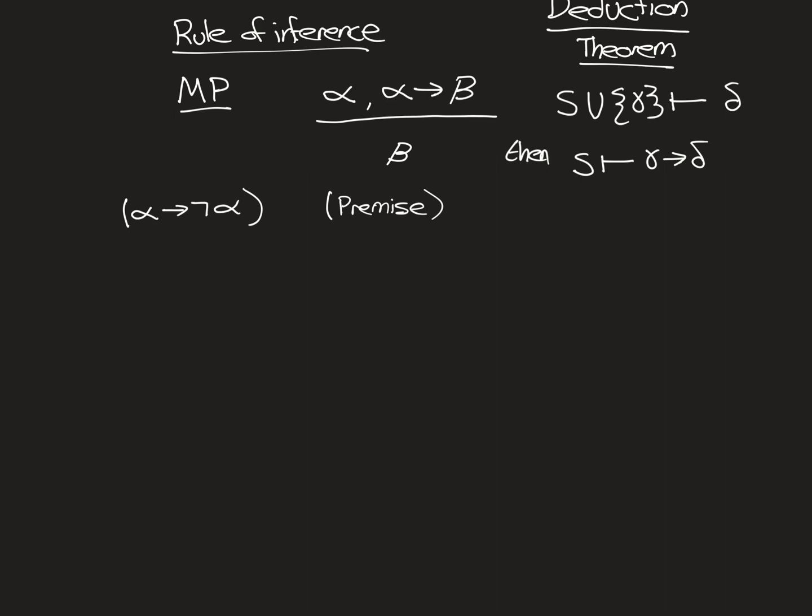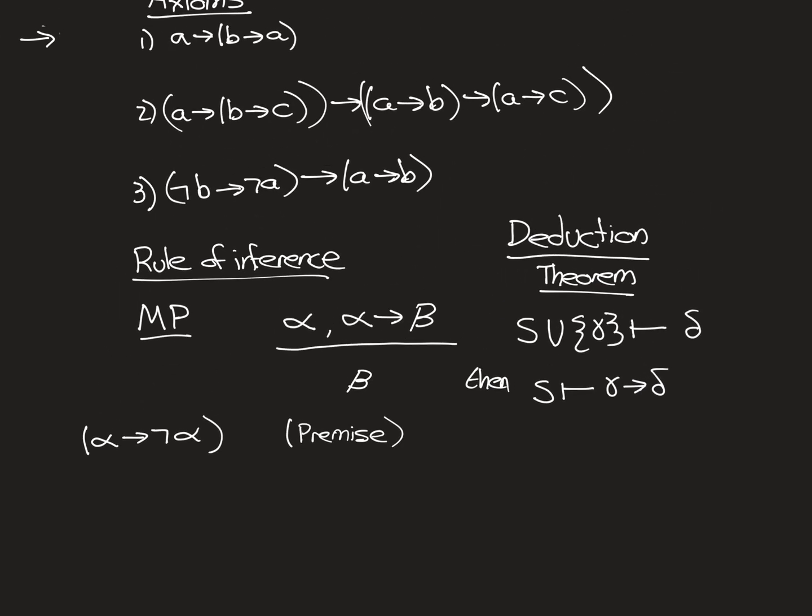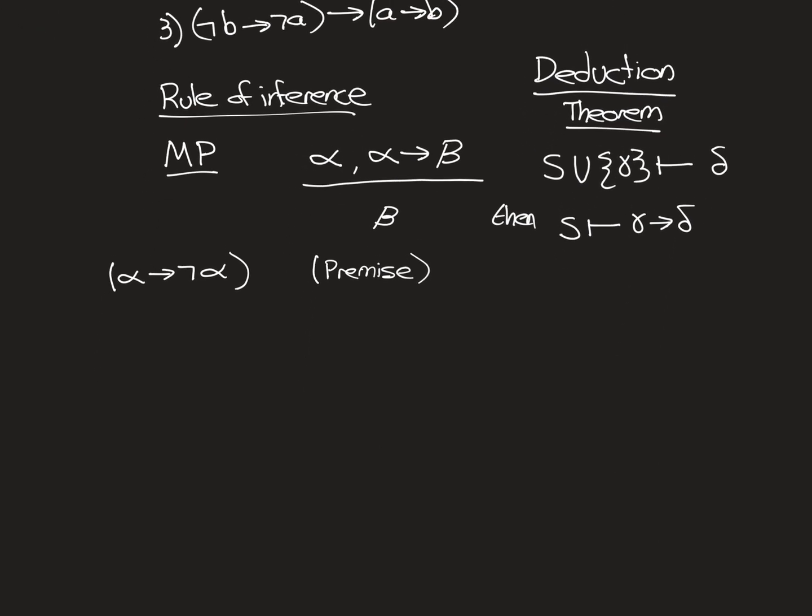As I say, I did warn you this wouldn't be polished. So what I actually want to get is I want to get this thing as my A, and I want to get B as my not alpha. Because if I was able to get this, then I would be able to apply modus ponens and get not alpha. So I'm going to fill that in.